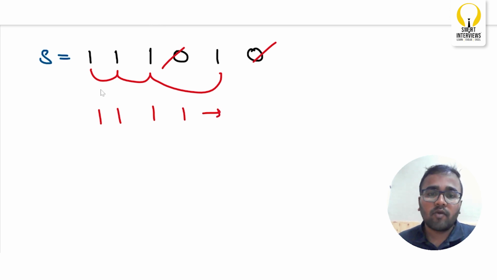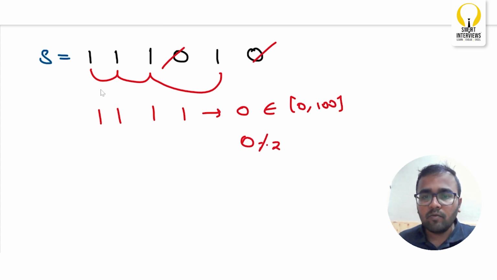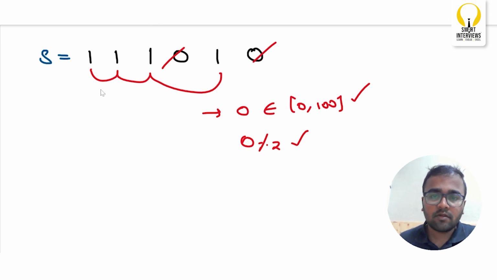Yes, because the number of inversions here are 0. 0 is less than or equal to any value of x. I mean 0 is going to lie in between 0 to 100 in our case, and 0 is divisible by 2. Both are satisfied. Can I remove this? Yes, I'll remove this.